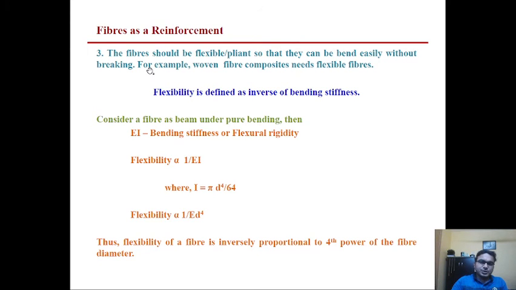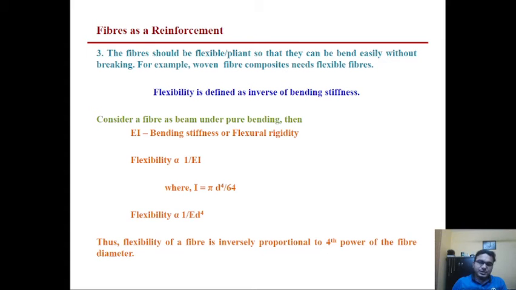Then the third point is that the fibers should be flexible or pliant so that they can bend easily without breaking. This is obviously a very necessary part as far as flexibility of any material is concerned. For example, woven fiber composites need flexible fibers, and flexibility is defined as the inverse of bending stiffness.